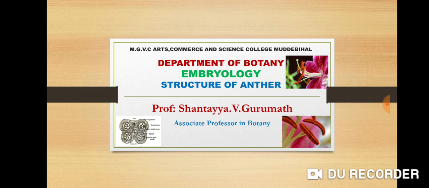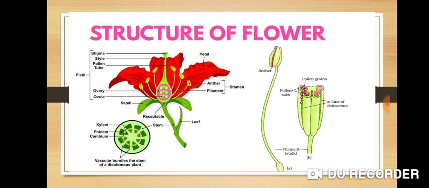Friends, in today's class, first we know about the structure of a flower. A flower is a modified shoot of limited growth with condensed internodes and leaves as floral organs. During flower initiation, the shoot apex is transformed into a flower bud, which in turn develops into a flower.